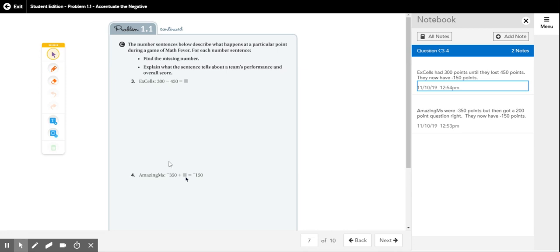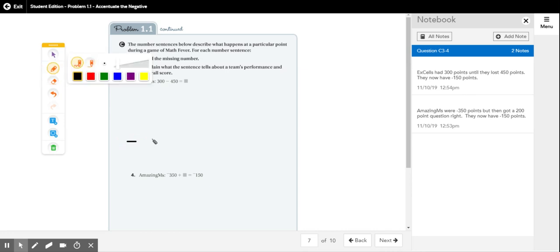So one way would be to draw it out. So they're at negative, and sorry for the handwriting. It's difficult to do this with a mouse. So they're at negative 350 points.